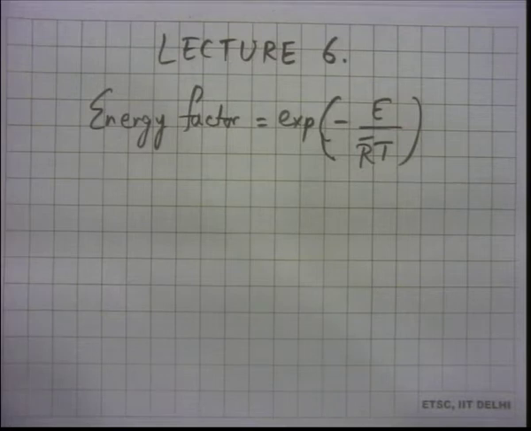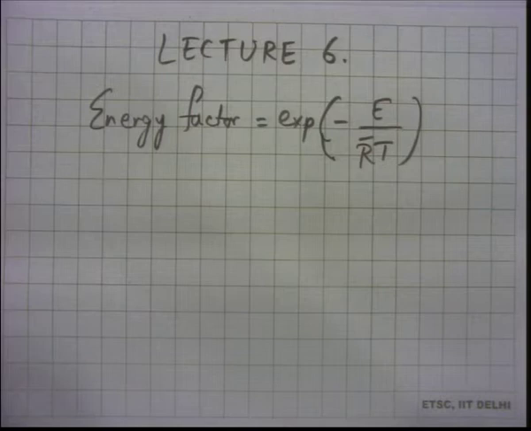Now, we did a small exercise towards the end of the last class. So, we took this example where the activation energy was 69.1, and then we evaluated the energy factor for two values, 300 Kelvin and 310 Kelvin, and we found that the ratio of the two was 2.45.